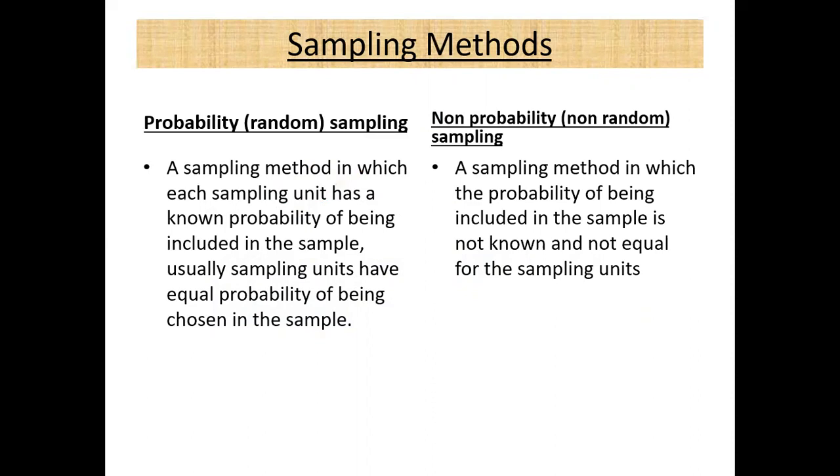Usually, sampling units have equal probability of being chosen in the sample, while non-probability or non-random sampling is a sampling method in which the probability of being included in the sample is not known and not equal for the sampling units.